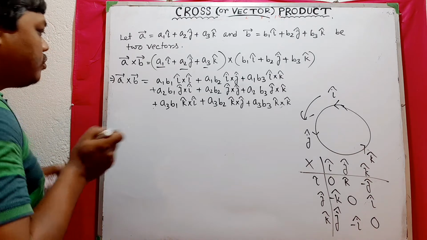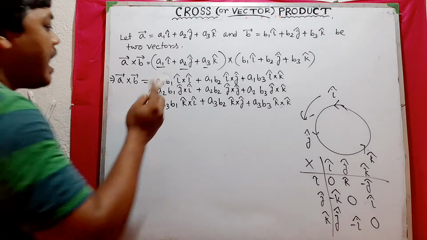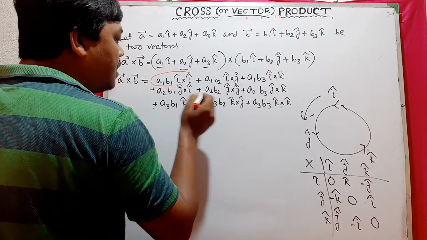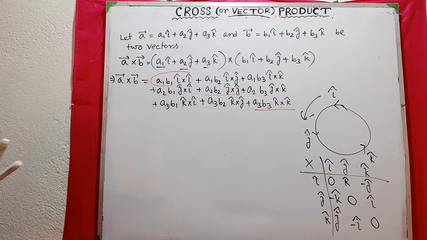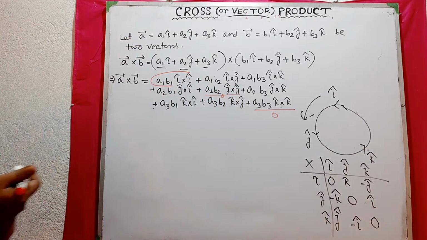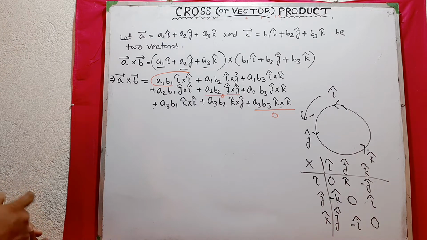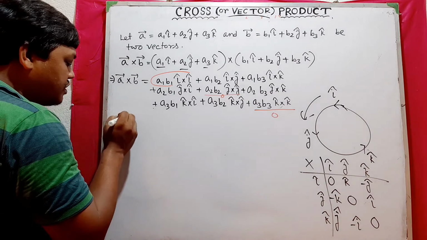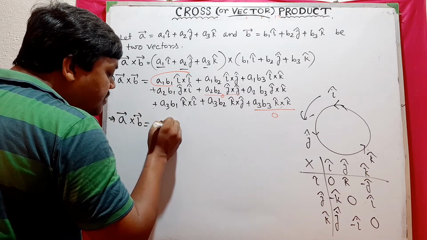তো দেখো এই পার্টগুলো I cross I, J cross J and K cross K is 0. This part will be 0. কারণ I cross I, J cross J, K cross K is 0. এখন আমরা প্রত্যেকটা ক্রস প্রোডাক্টকে একটা ইউনিট ভেক্টরে রিপ্লেস করব। সো সিম্পলিফাই যদি করি A cross B equals to A1 B2.